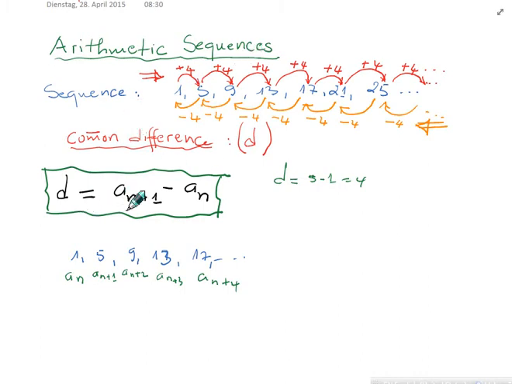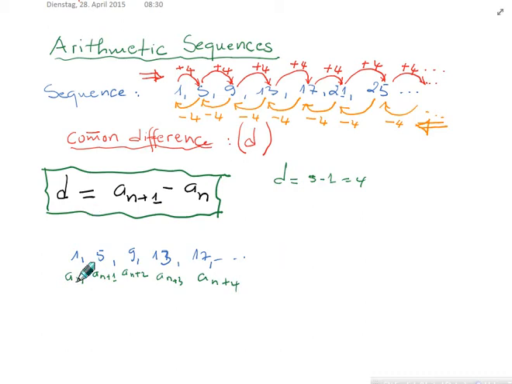And to find this common difference, I took this little example back to explain how to do that. The first term in a sequence is called a subscript 1. If you move one step forward to the next term, you're going to have a subscript 1 plus 1. If you move 2 steps, you're going to have a subscript 1 plus 2, and that can go on and on.